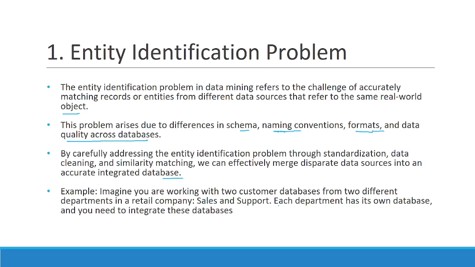Okay, so with standardization you can solve the problem of entity identification or data cleaning or similarity matching. These are two of the techniques by using which you can solve entity identification problem.